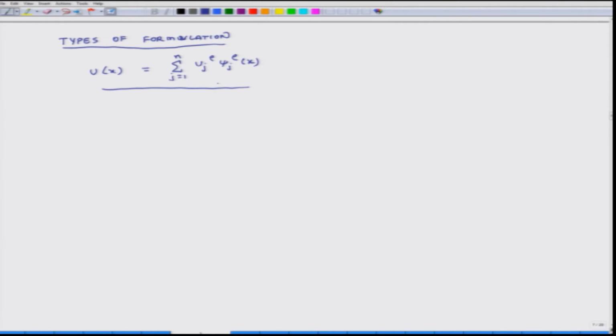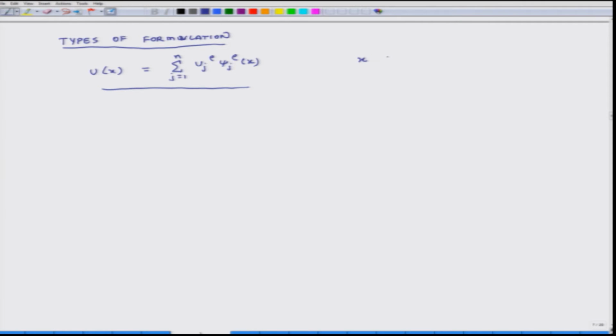If there is a bar problem, then u is the unknown variable, and the u_j's are the values of u, they are constants, and they are the values of u at the nodes of the element. And then the other approximation is of geometry.